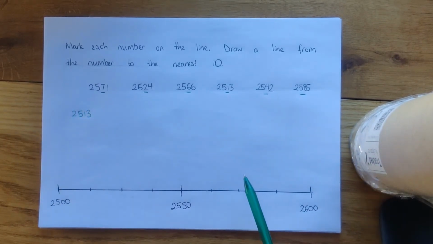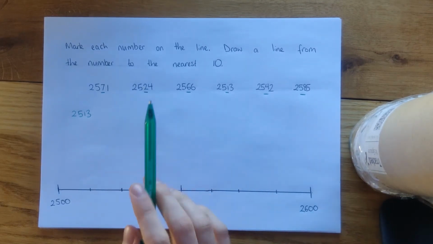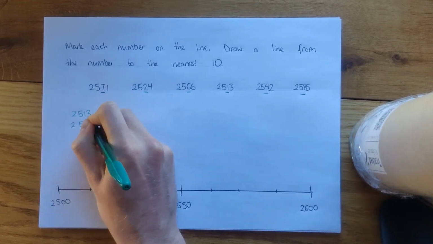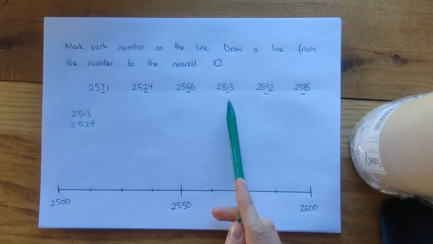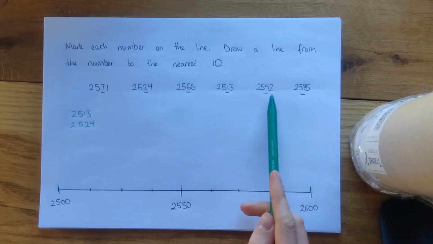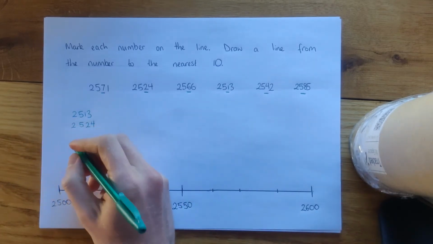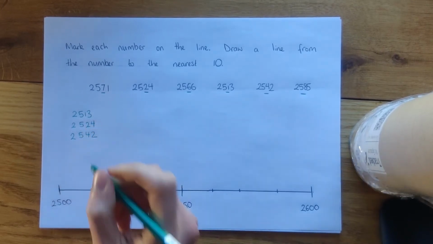2,513. Our next smallest is going to be 2 in the tens column, 20, so 2,524. After that, it is going to be 4 in the tens column for 40, so 2,542.